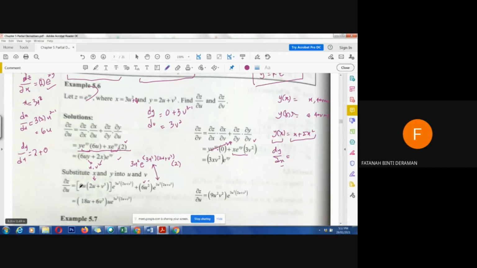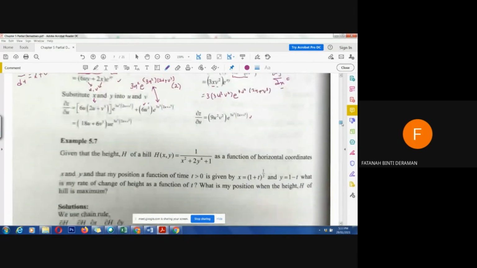Once we have this term, normal x and normal y, we simplify again, so this equation is nicer to see. For this case we have x and y also, so we have 3. What is x? x is 3u squared. So we get e^(3u squared times (2u plus v cubed)). That's how I get this, right?